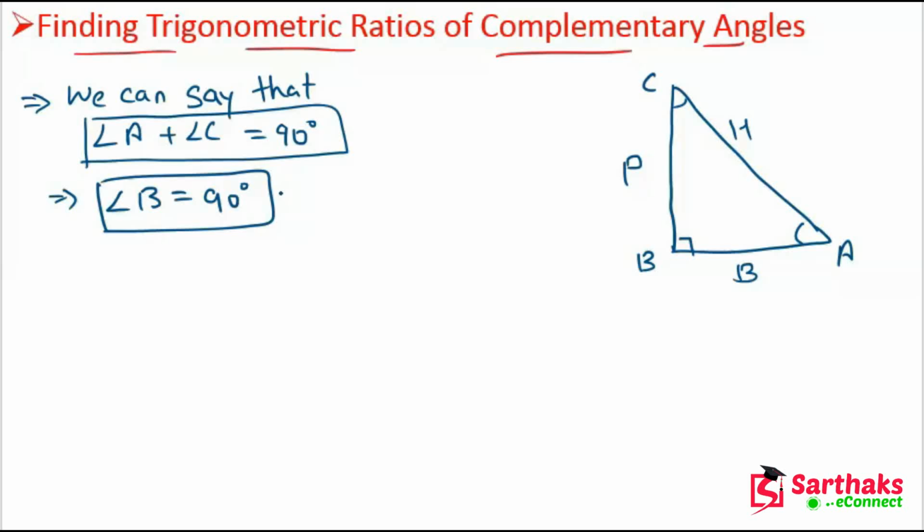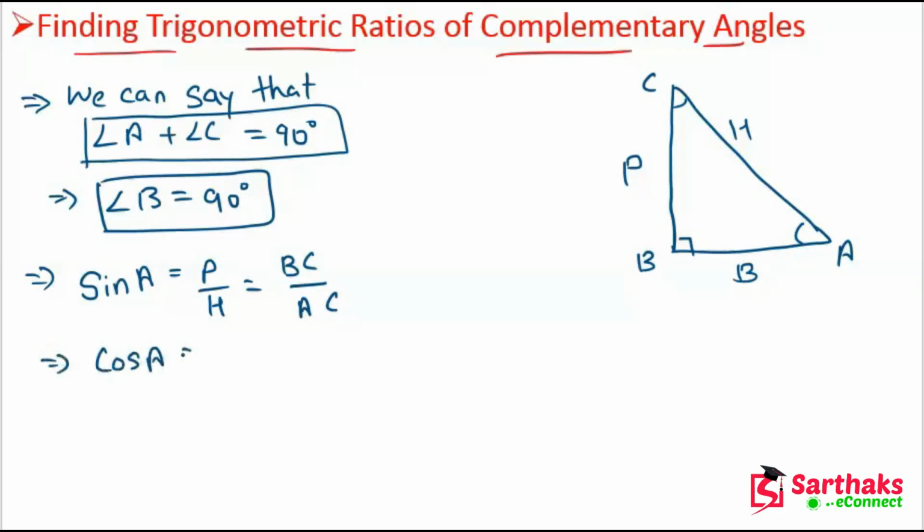For the given right triangle, the trigonometric ratios of angle A are given as follows. Sin A is perpendicular upon hypotenuse. Perpendicular is BC and hypotenuse is AC.